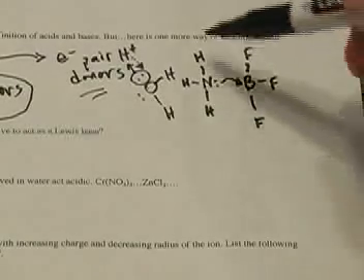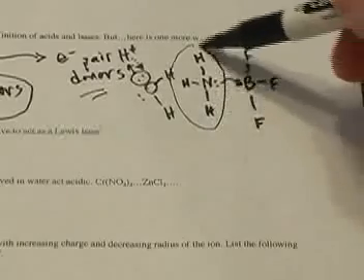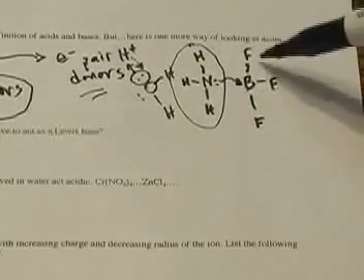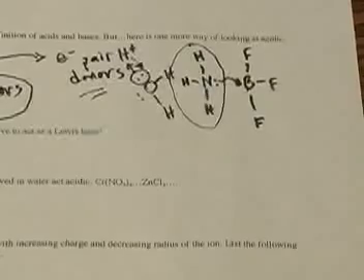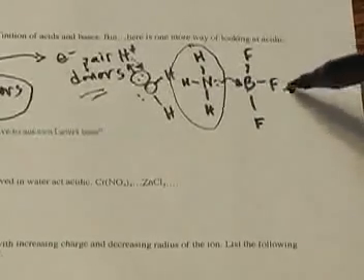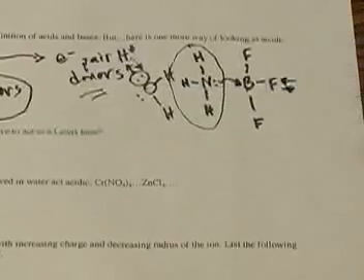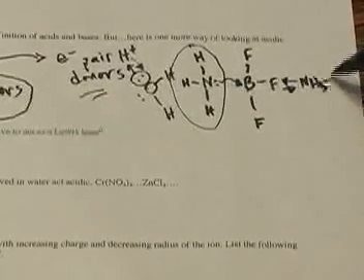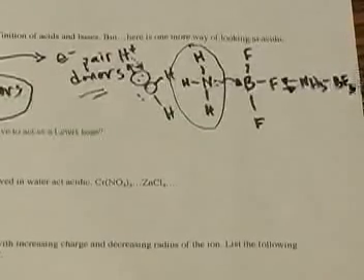We can define it now and say that NH3 is acting as a base because it's donating electrons to BF3, and BF3 is an acid because it's accepting the electrons from NH3. And if we completed this reaction and drew the arrows for it, we'd end up with NH3 BF3 bonded together.